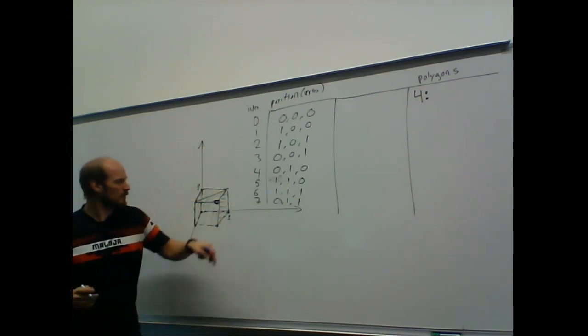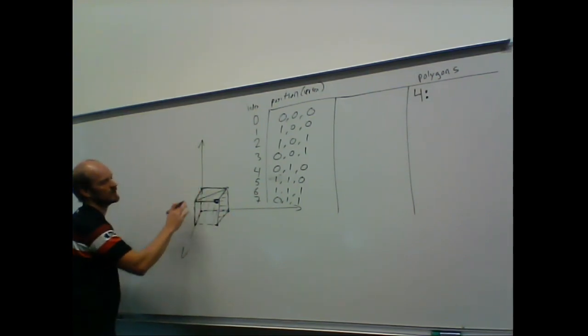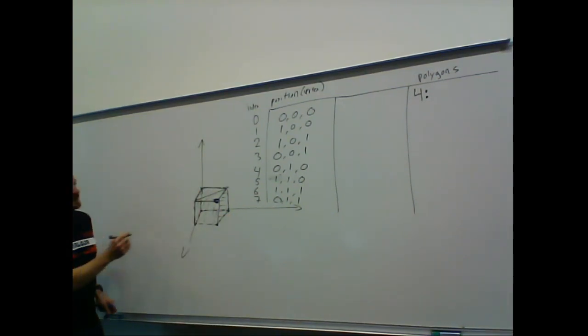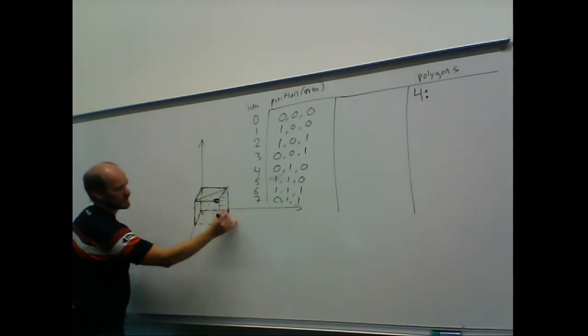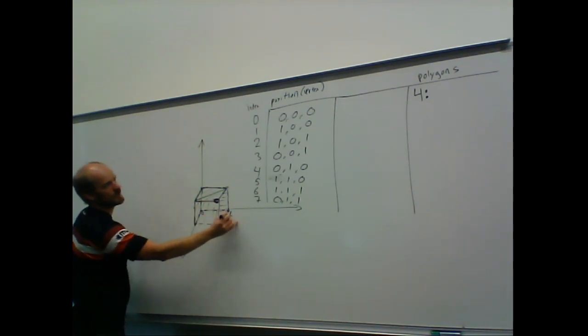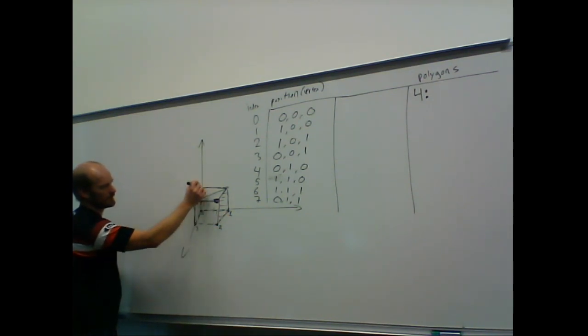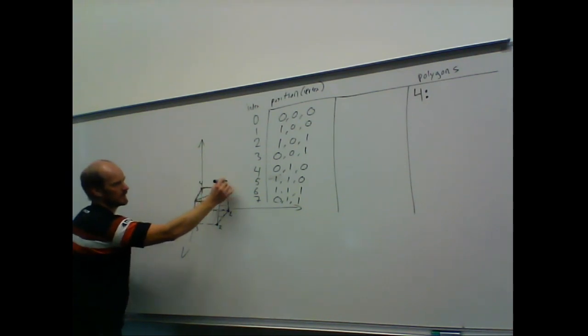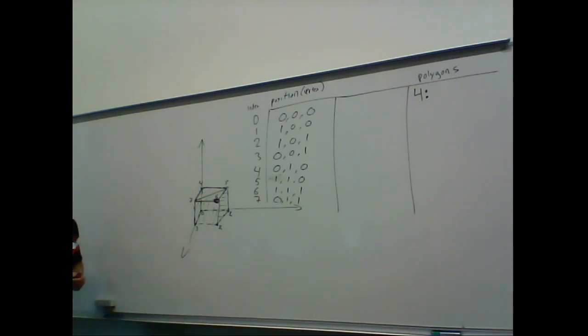And I'm going to say the first polygon here. So if we skip this, can we mark the indices in here? This would be 0. And we said 1, 0, 0. This is the next one, this is the next one, and this is the next one. Then we go up. So this is 4, 5, 6, and 7.